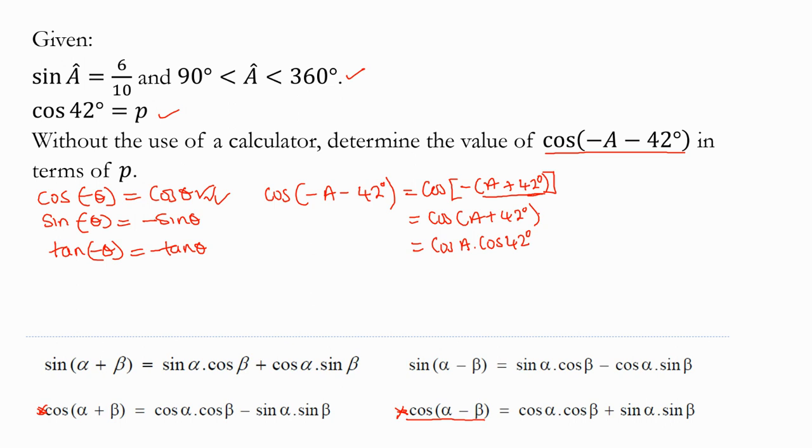Oh yeah, it's plus, so it's this one here, plus, and then it's going to be minus sine A times cos 42 degrees. You see that? Now we have that. So we've discussed this first part. Let's move on to this one.